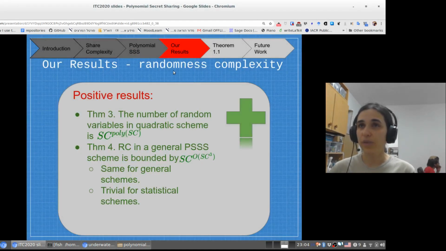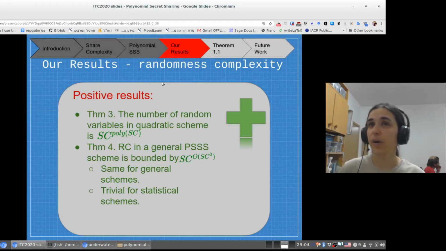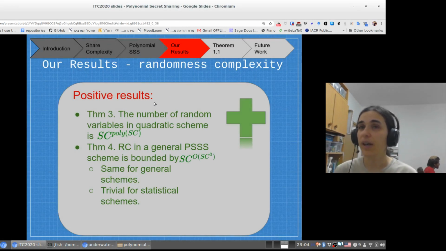Our positive results make a step in this direction of upper bounding the randomness complexity. In particular, for the minimal class of degree 2 schemes, we get an exponential upper bound. The concrete polynomial here is about quadratic, which is still not sufficient for existential lower bounds on the share complexity, which are interesting, but it's a step in this direction.